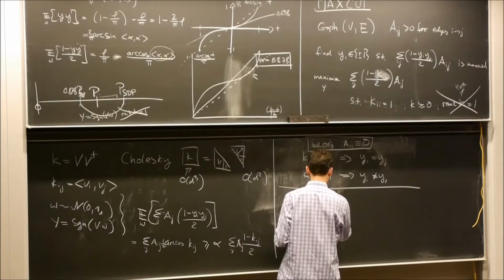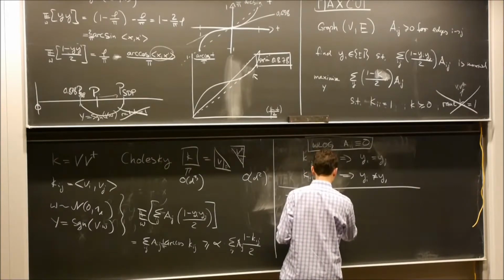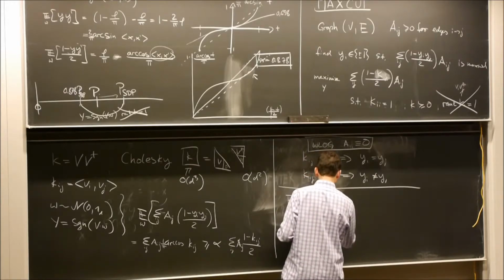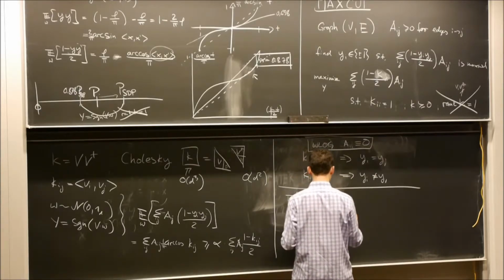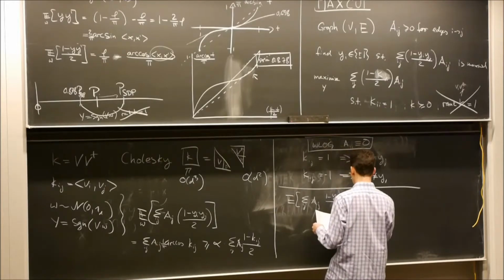We have (1 minus yi yj) over 2, as we had before.